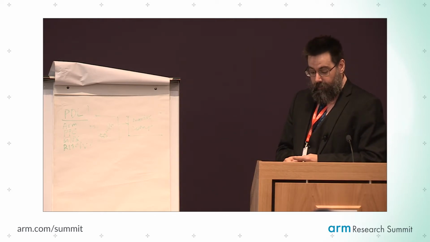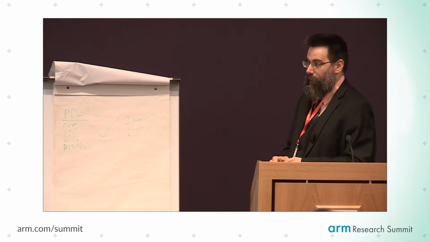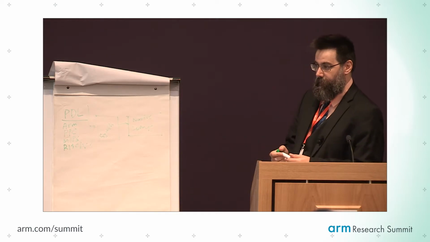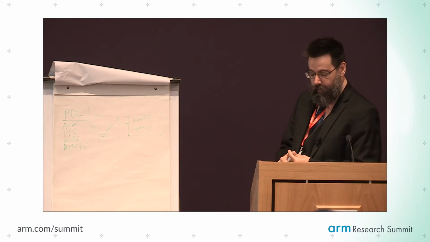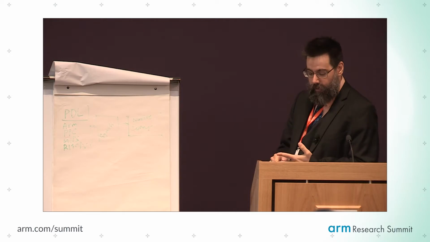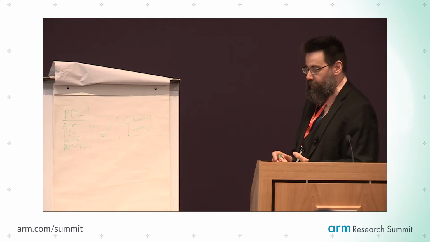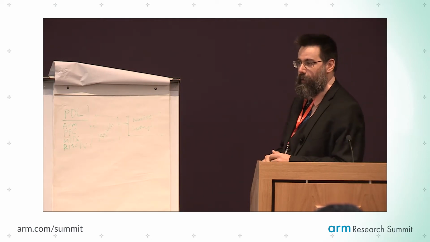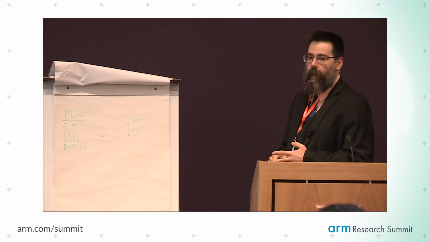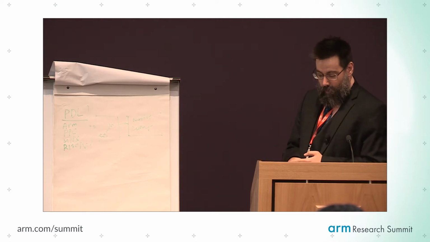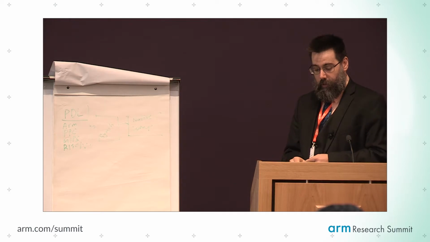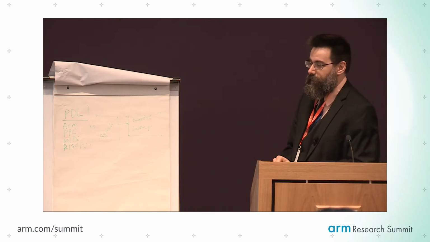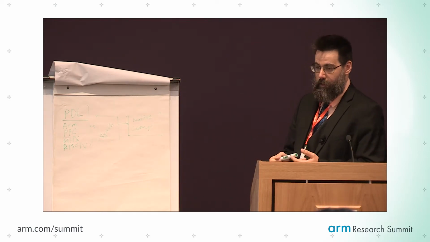And the validation argument, how do I argue that my code is correct, is through testing. You throw a bunch of tests at it and it appears to work, and you say, oh, okay, I'm done. Well, where human life critically depends on what you write, this is not good at all.